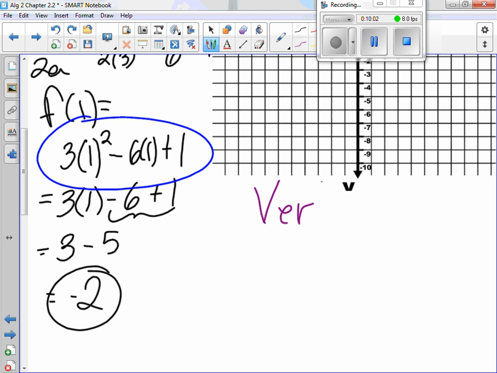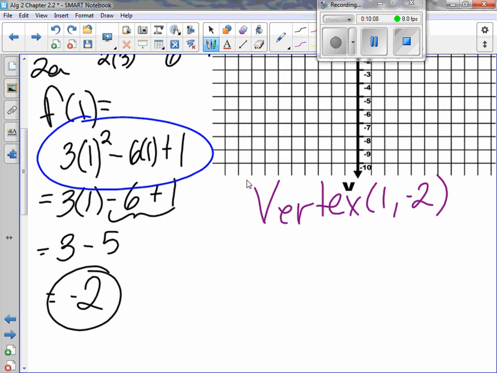So I have it written up there, but I'll rewrite it down here. So our vertex is 1, comma, negative 2, yes? So to find the x value, we just plugged in the values of b and a into negative b over 2a and got 1. Then we took that 1 and plugged it into the function to find the value of y. And now we have the vertex.